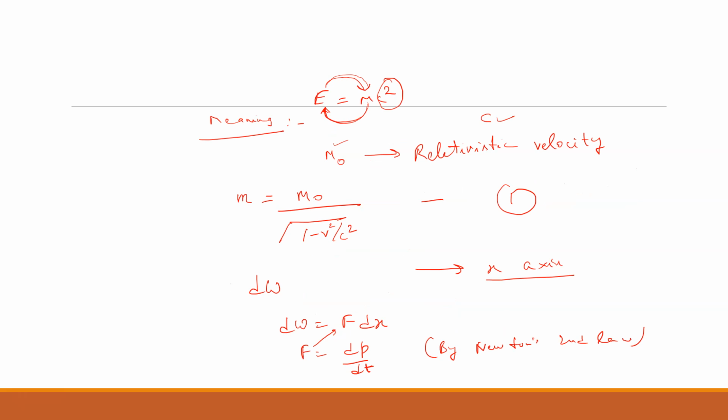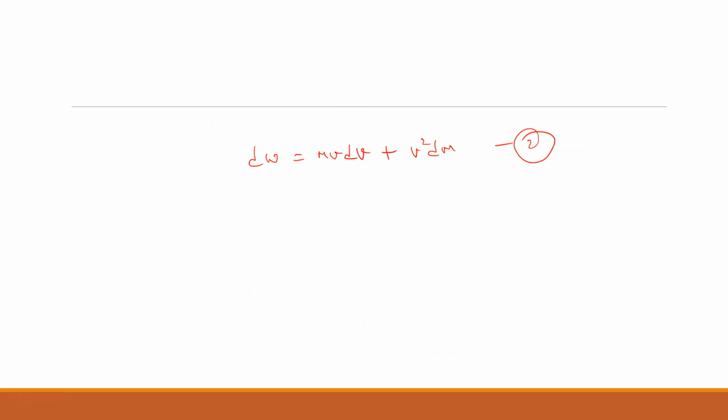Now square equation number 1 and cross multiply. Squaring equation number 1 and then cross multiplying is one and the same thing.